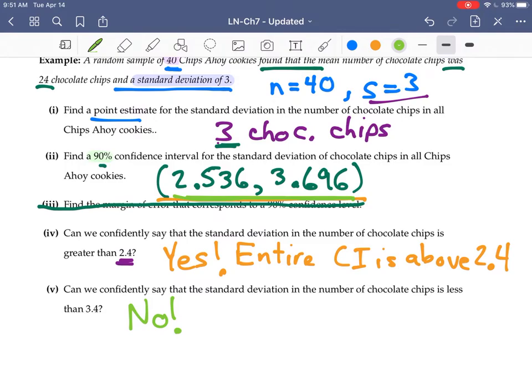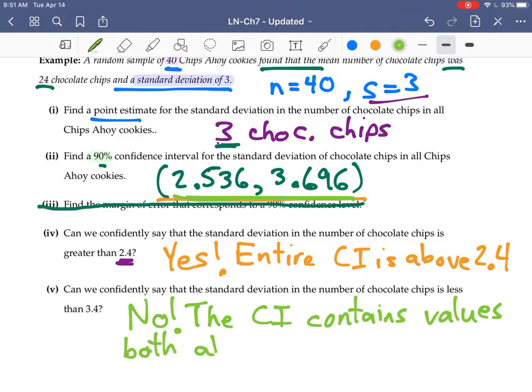There are values more than 3.4 that still live in that confidence interval, and values less than 3.4 as well. So the confidence interval contains values both above and below 3.4, and that's why we cannot confidently say that it's less than 3.4.